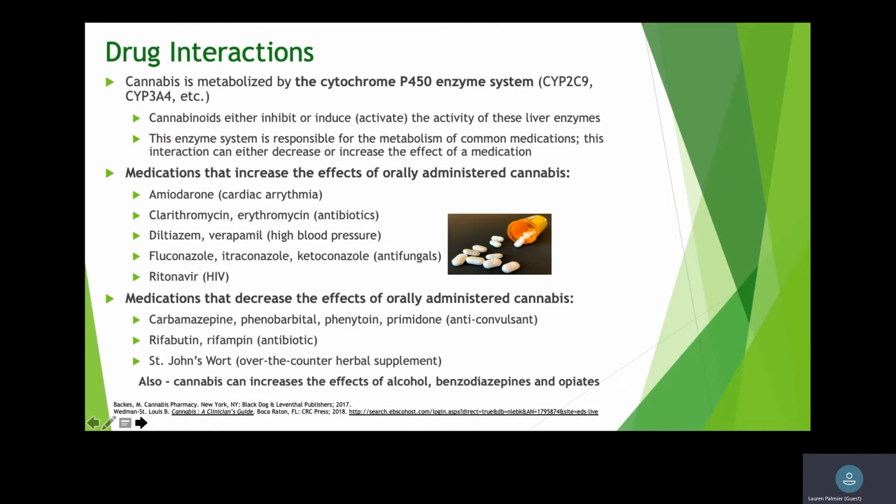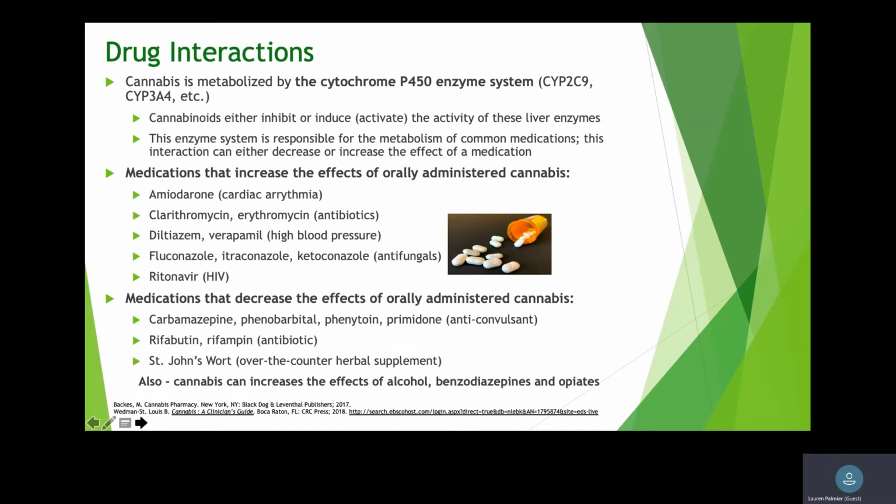So, drug interactions. We briefly mentioned in a previous slide that cannabis is metabolized by the cytochrome P450 enzyme system, so including enzymes like CYP2C9, CYP3A4, etc. Cannabinoids either inhibit or induce the activity of these enzymes. And as we know, this enzyme system is responsible for the metabolism of common medications.